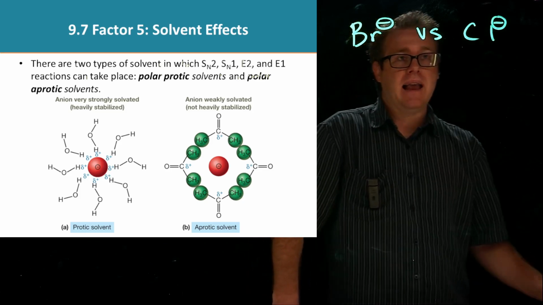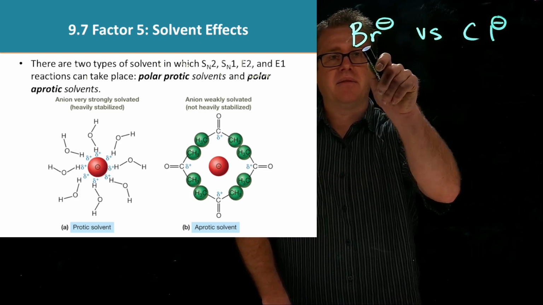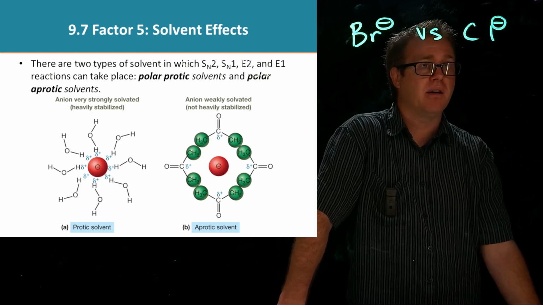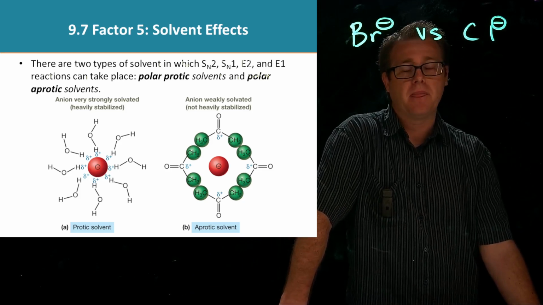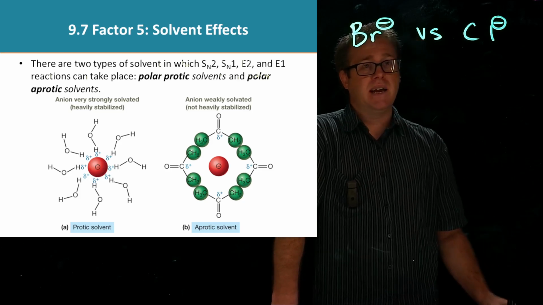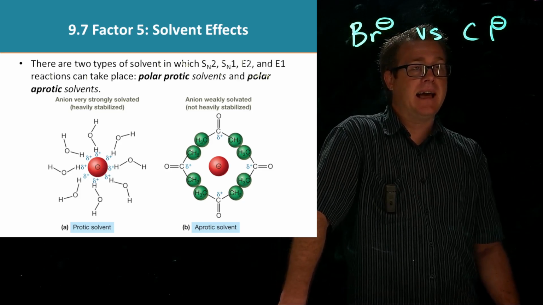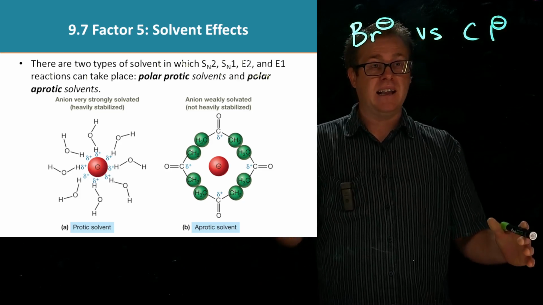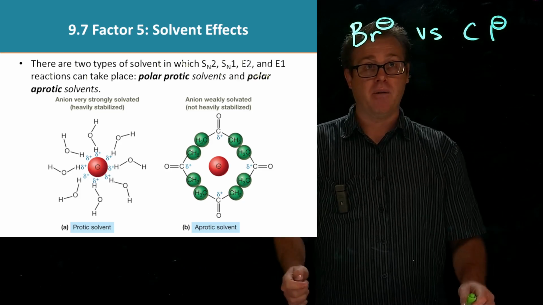Okay. But now the strength of these attacking species is also going to be dependent upon the solvent. Because what we're seeing on the PowerPoint slide is that a polar protic solvent is going to solvate an anion very, very well.